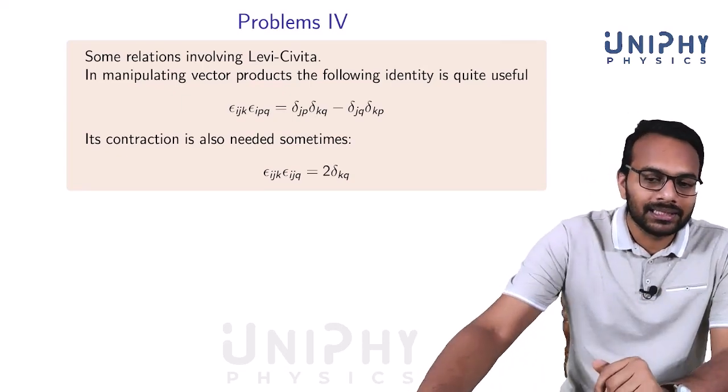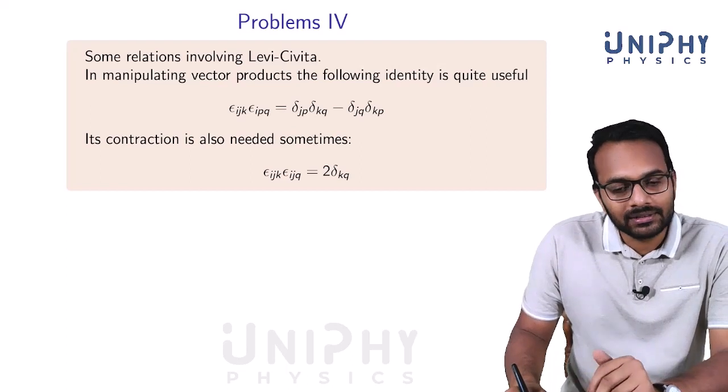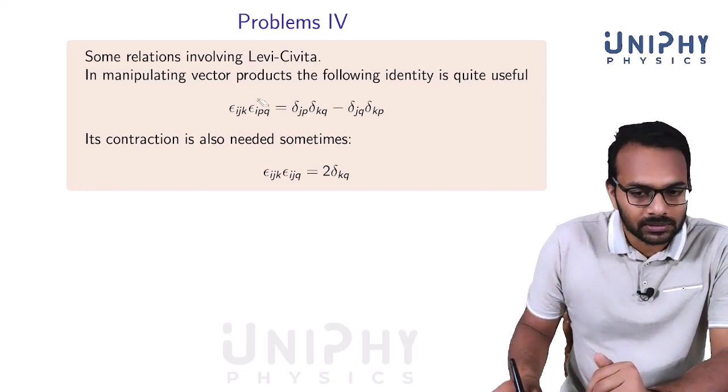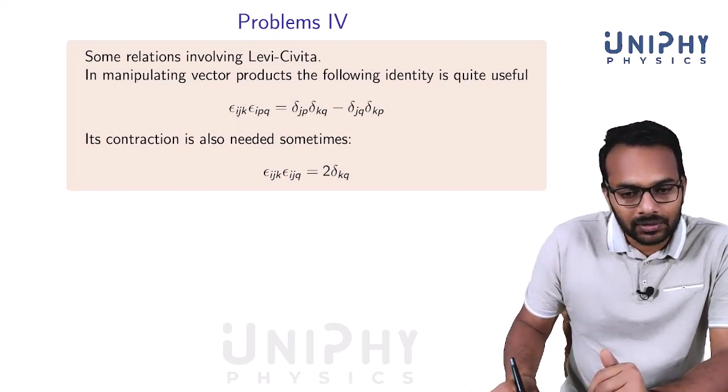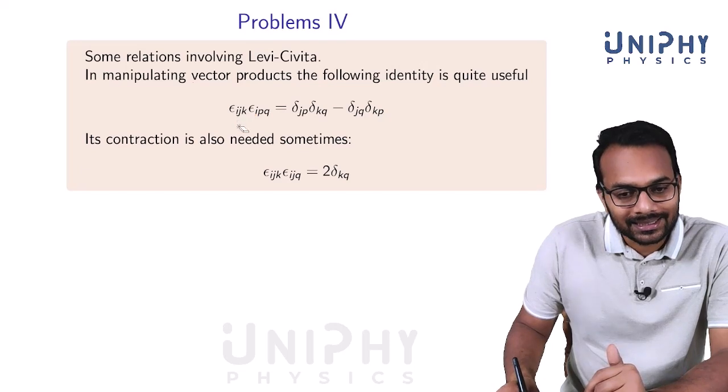Now, this Levi-Civita is very important, so let's look at some relations involving Levi-Civita, which will be useful in solving problems. This identity is useful: epsilon ijk, epsilon ipq. There's a summation over i, since we are using Einstein summation convention. You see that it's jk here and pq here.